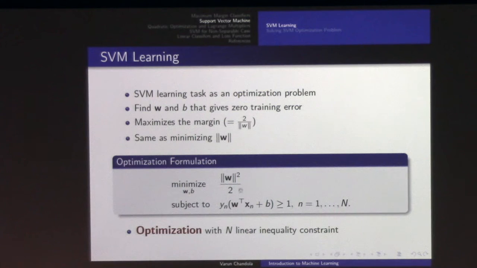So we want to find those parameters which minimize this, but they also ensure that the data is correctly labeled, right? So these constraints ensure that your training data is correctly classified, because this quantity will be greater than or equal to 1 only if all the points are on the right side of your line, and this ensures that your margin is maximized, right?